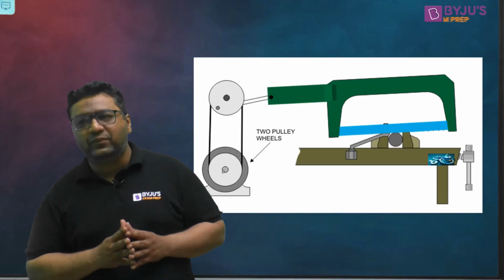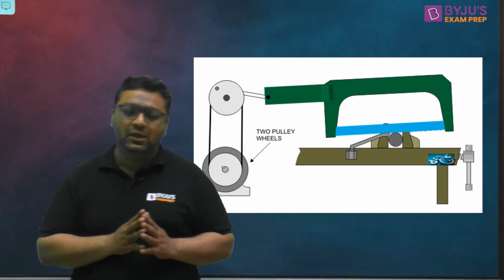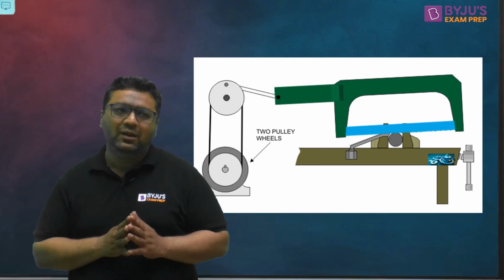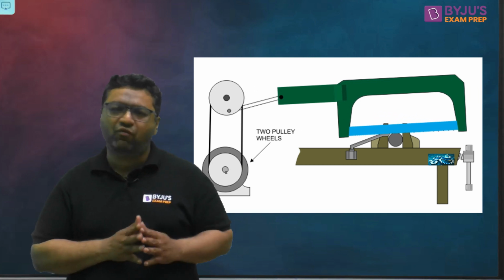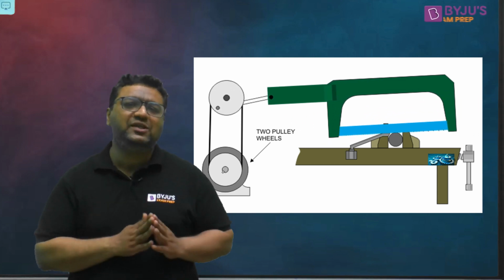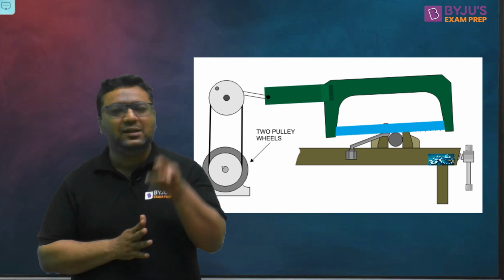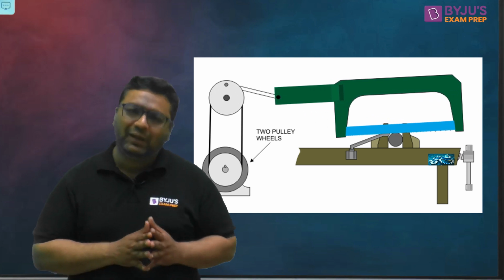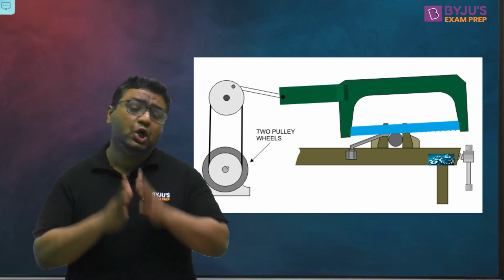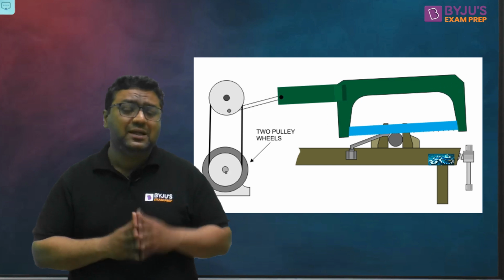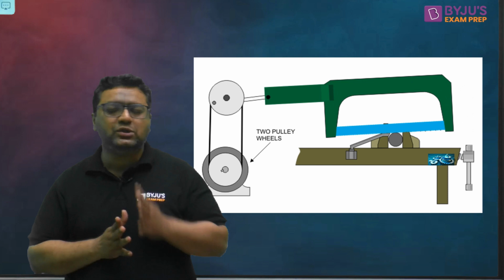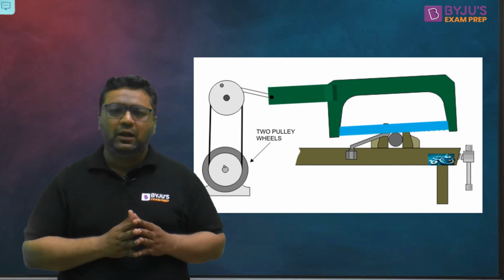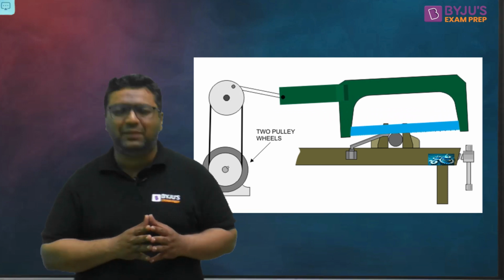We had 4 options, but now 2 inversions merge, so we have a total of 3 inversions. The first was the elliptical trammel, used to plot ellipses, and the second was the Scotch yoke mechanism, used to produce SHM. In a power hacksaw machine, you can see this mechanism in your colleges.